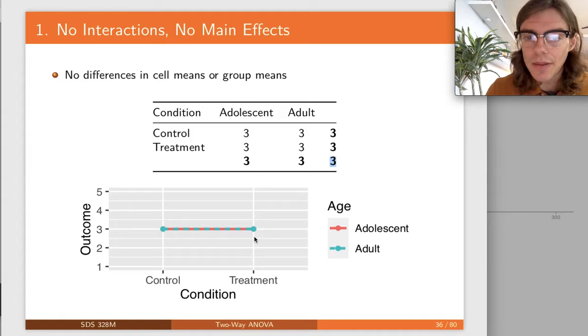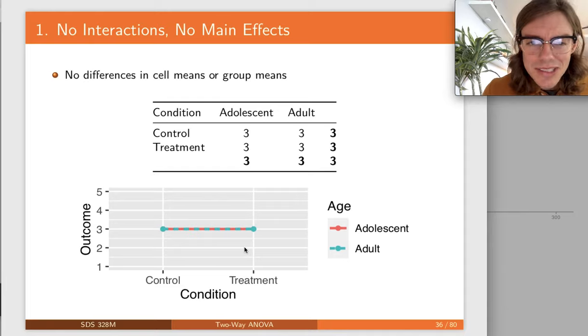Nothing interesting is going on there. So there's no difference between control and treatment, so there's no effect of condition. They're both 3. There's no difference in adolescent and adult. They're both 3, right? So there's no main effect of condition. There's no main effect of age. And there's no interaction.